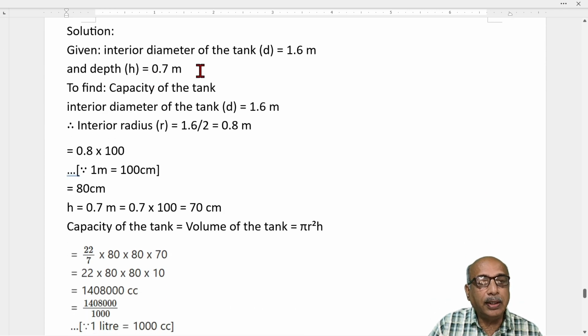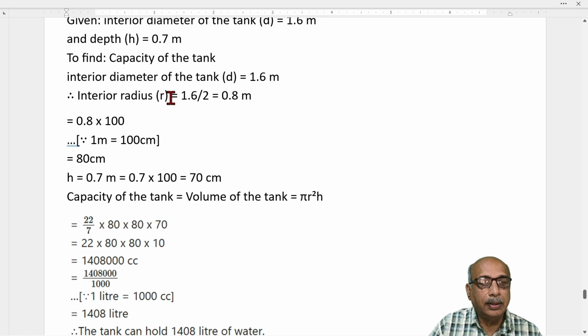Given interior diameter of the tank equals 1.6 meter and depth h is 0.7 meter. To find capacity of the tank, interior radius r equals 0.8 meter. Converted into centimeter equals 80 centimeter. Height 0.7 meter equals 0.7 into 100, that is 70 centimeter.